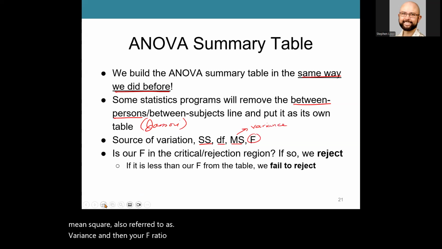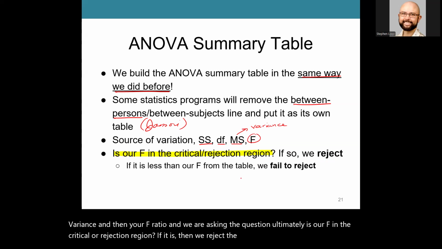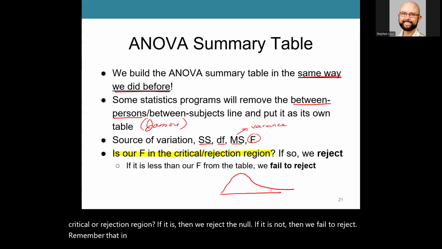And we are asking the question ultimately, is our F in the critical or rejection region? If it is, then we reject the null. If it is not, then we fail to reject. Remember that in our F distribution, this is a positively skewed distribution based on our specific alpha value, typically 0.05.